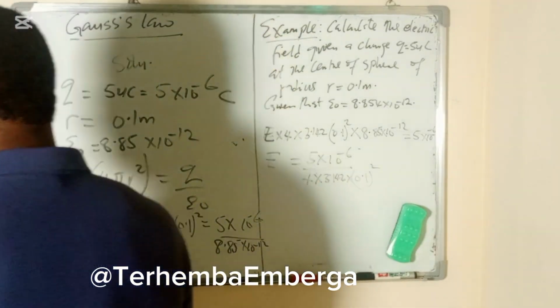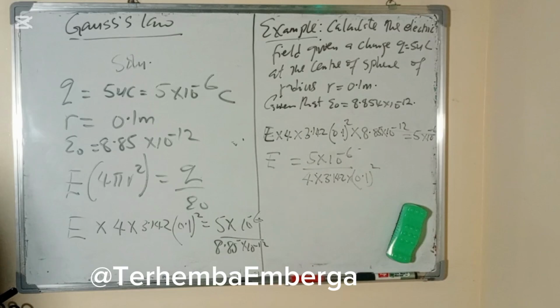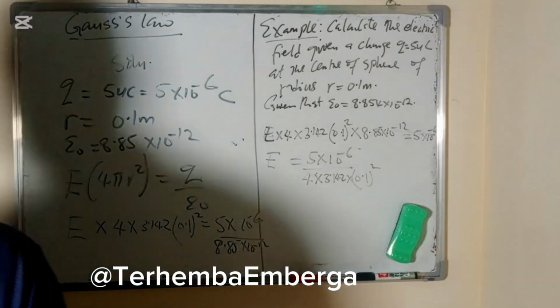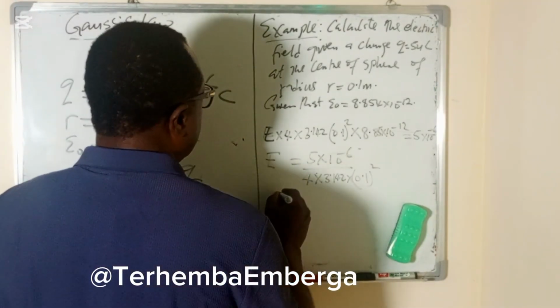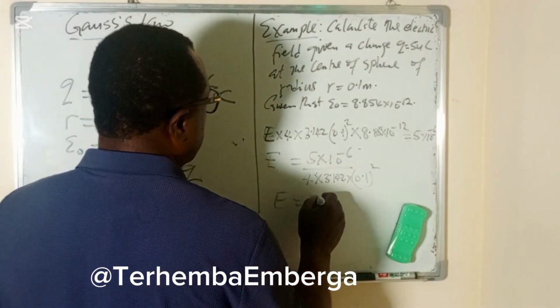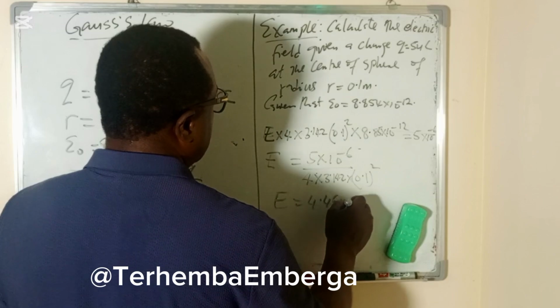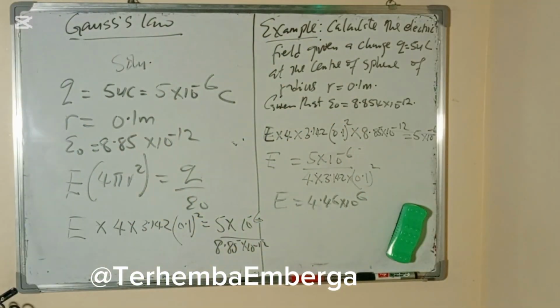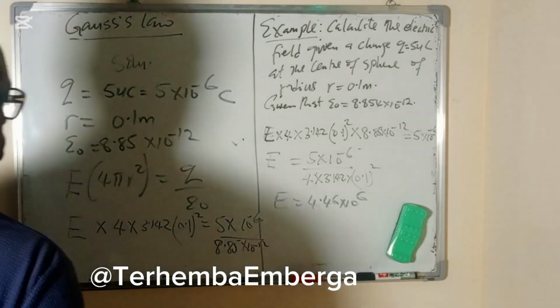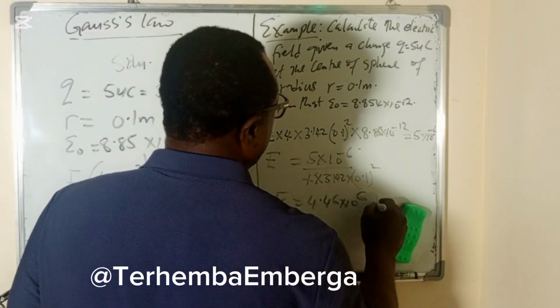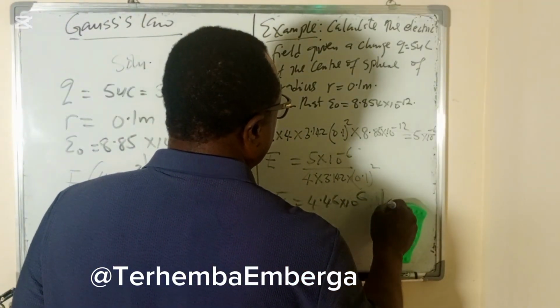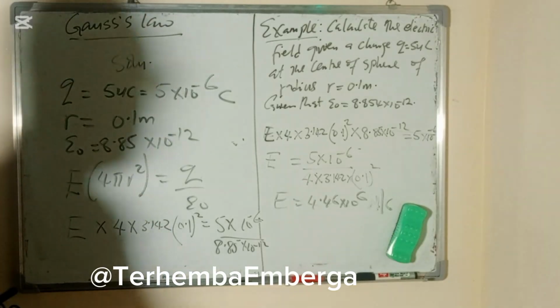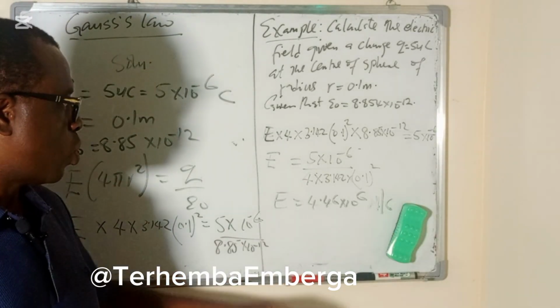So by the time we evaluate that, we'll have E equal to 4.46 times 10 raised to the power 6 Newton per coulomb. So if you do this, this is what we'll have.